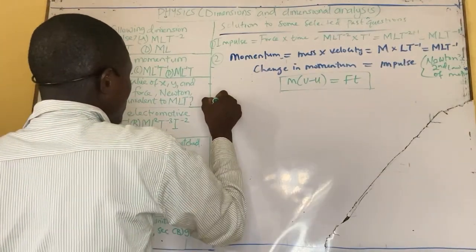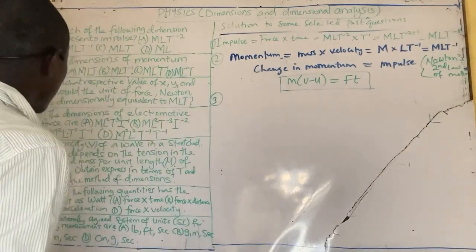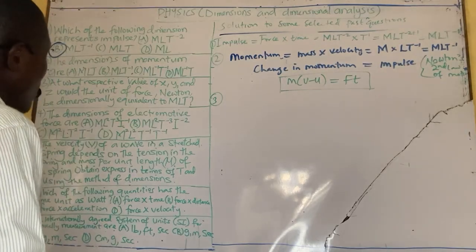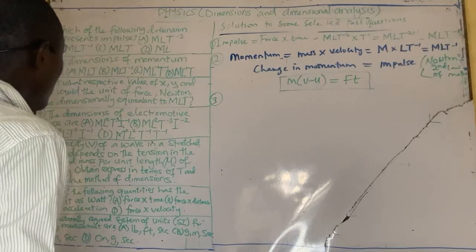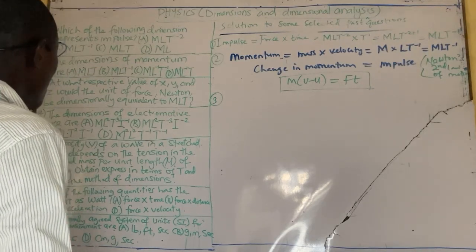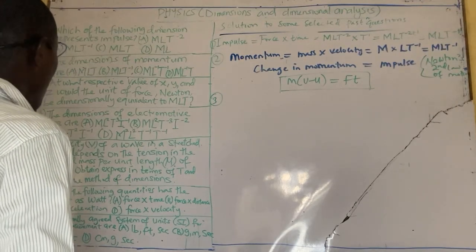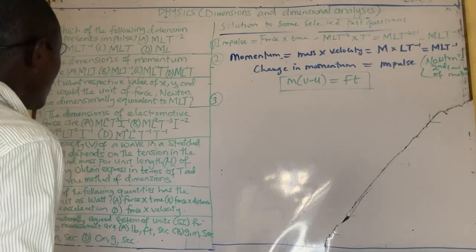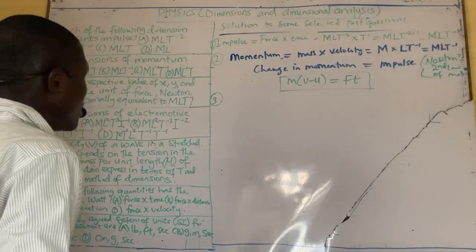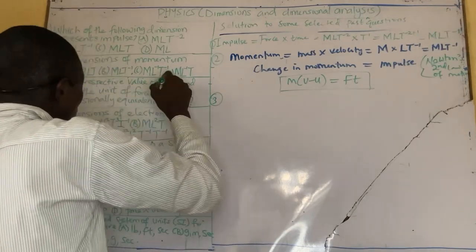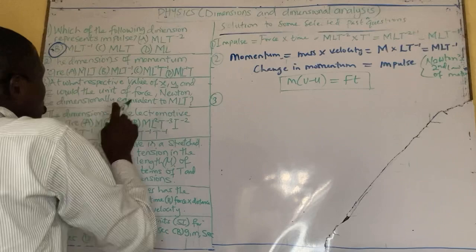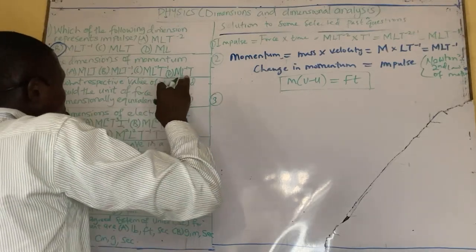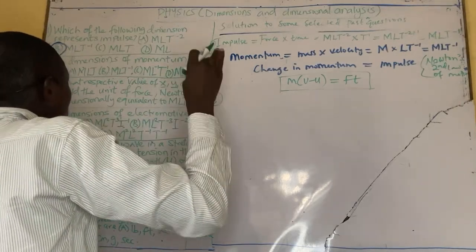So number 3 here is: at what respective values of x, y, and z will the unit of force, Newton, be dimensionally equivalent to M L T?